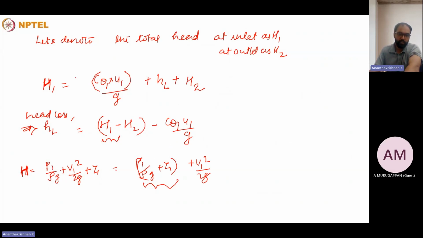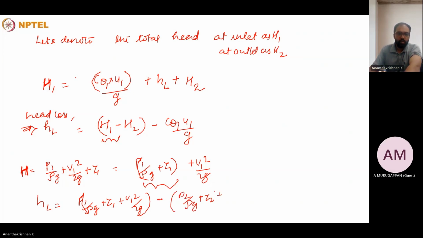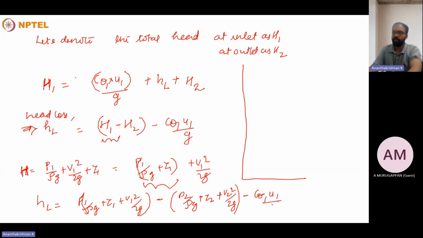If you substitute the value of the head in this general equation, the head losses is equal to P1 divided by rho g plus Z1 plus V1 squared divided by 2g, minus P2 divided by rho g plus Z2 plus V2 squared divided by 2g, minus C theta 1 U1 divided by g.